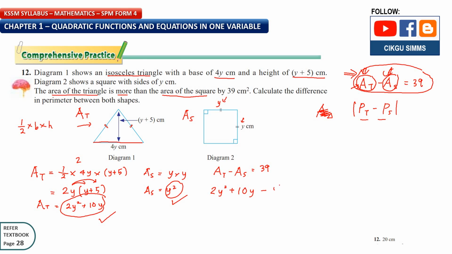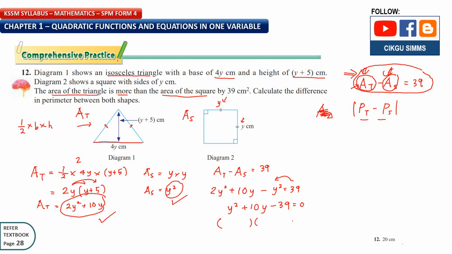Minus AS, which is y squared, equal to 39. So I can simplify: 2y squared minus y squared is y squared plus 10y equal to 39. But I can bring my 39 over, so minus 39 is equal to 0. And then I need to find my value of y.